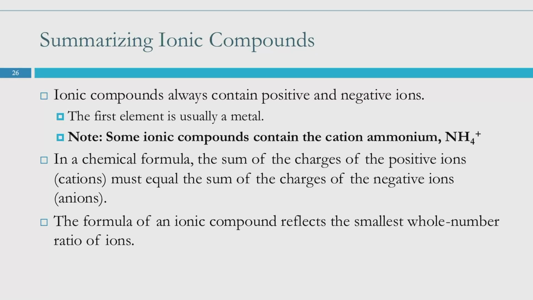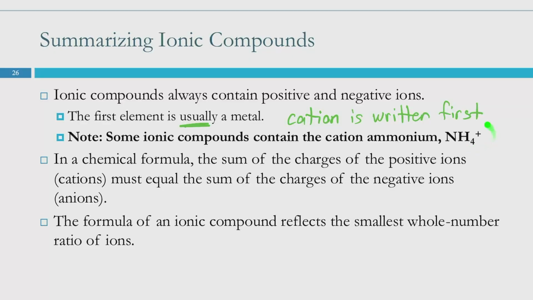Our ionic compounds are always going to have positive and negative ions. The first element is usually a metal. The cation gets written first, and then the anion is written after that.